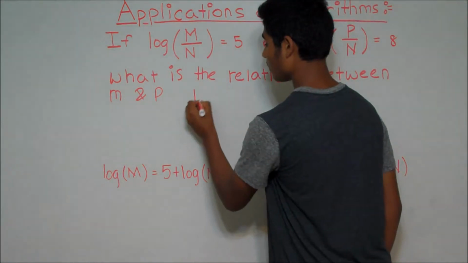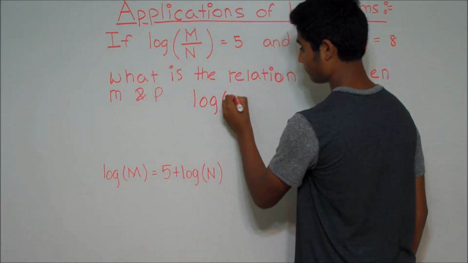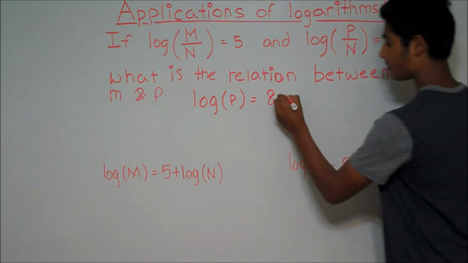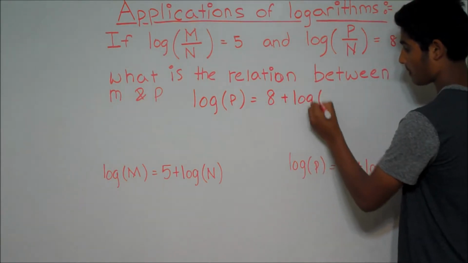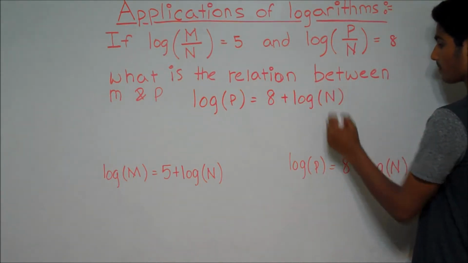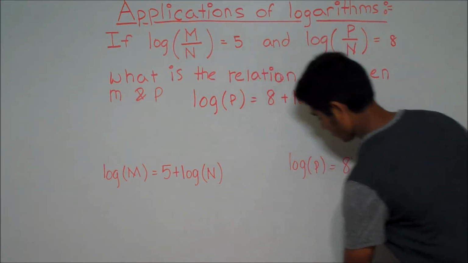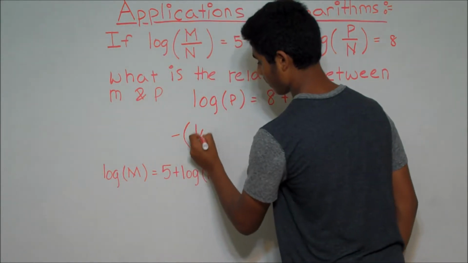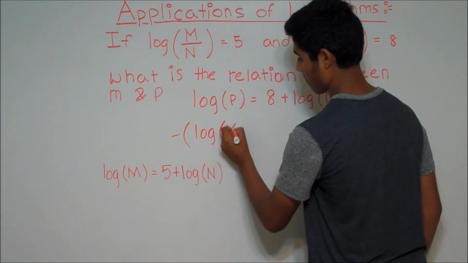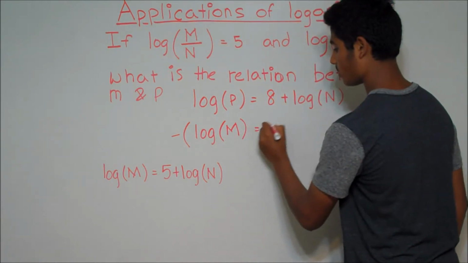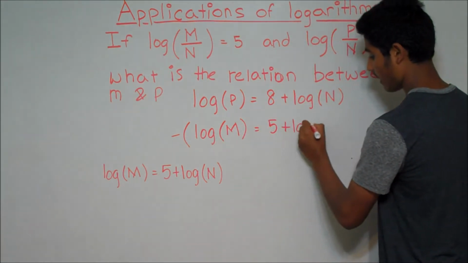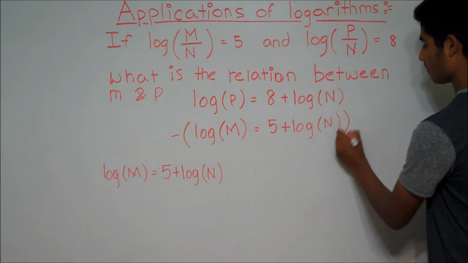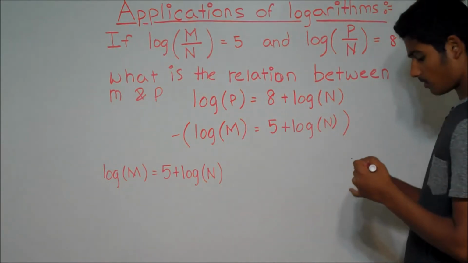So we have log p is equal to 8 plus log n, minus log m is equal to 5 plus log n. So now let's subtract.